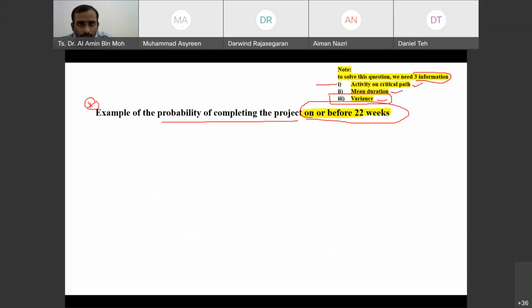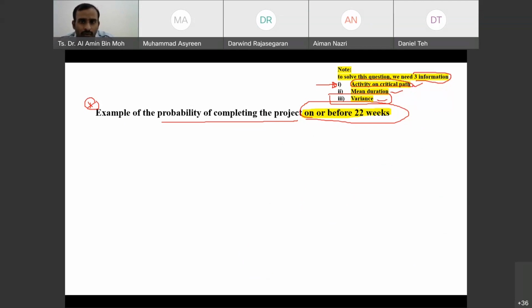The ones that have the least slack, yes. That means you need to draw the network diagram, do the forward pass and backward pass, and calculate the slack. Activities with slack 0 you identify as activities on the critical path.